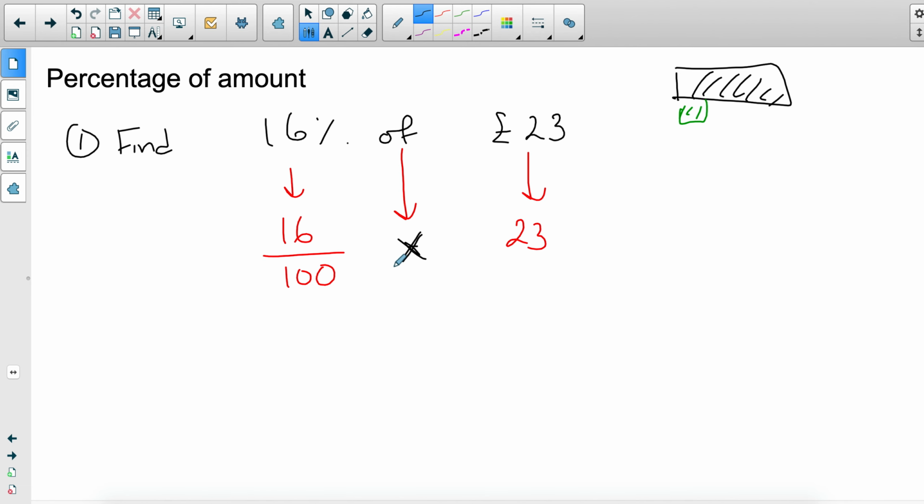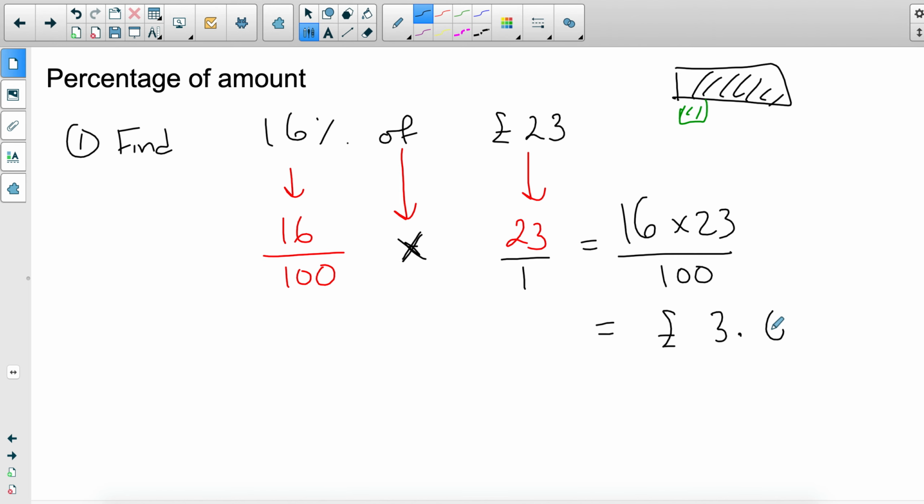And then you just multiply them normally. We can change this to a fraction, and so you get 16 times 23 as the numerators, and then 100 times 1, which is just 100. You can plug this into your calculator, and you will get £3.68.